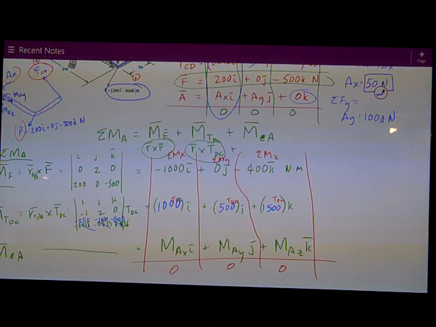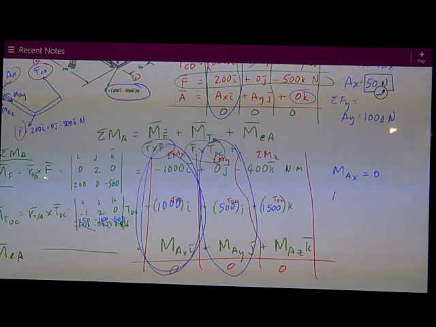So now I can just do the sum of moments and solve for MAX. I can see I've got negative 1,000 and positive 1,000, so MAX equals 0. I'm just solving that equation. Solving the sum of the moments in the Y gives me that MAY is equal to negative 500, because it's just that value right there, which is positive, but then I take it to the other side of the equal sign, 500 Newton meters.